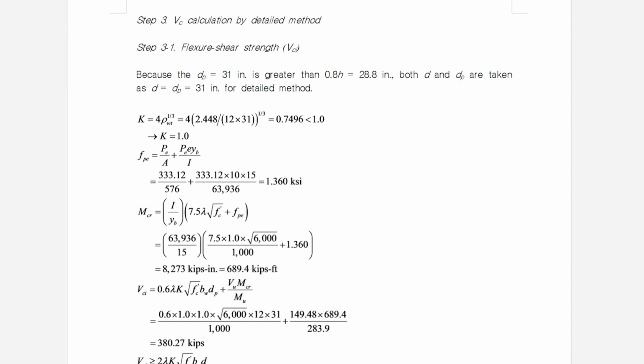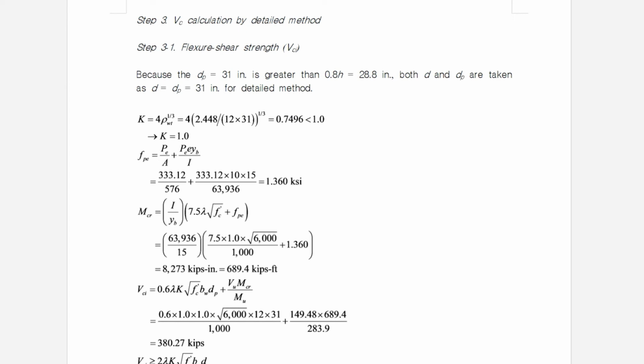How about the detailed method? dp is 31 inches. So I just want to go with dp, and there is no bonded mild steel reinforcement in this example, so d and dp are the same. k, because we have a very small amount of rebar, 0, is smaller than 1, so it's 1. fpe, the compressive stress at the bottom, is calculated.